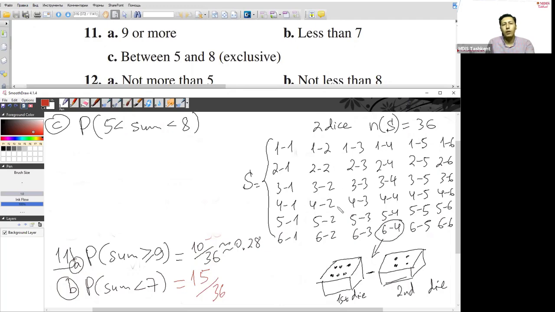So when it's exclusive, you exclude 5 and 8. That means the sum must be 6 or 7. 7, 7, 7. This one's 6. So these elements, if you sum them, the sum will be between 5 and 8. So how many? 11. So it's equal 11 out of 36.